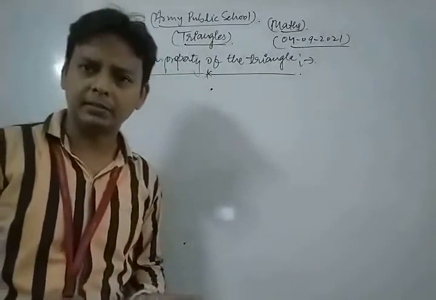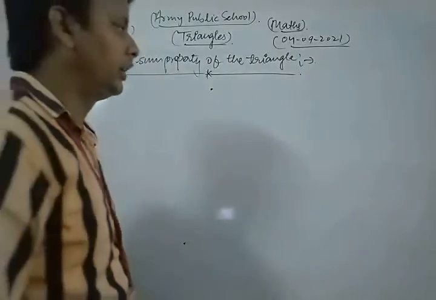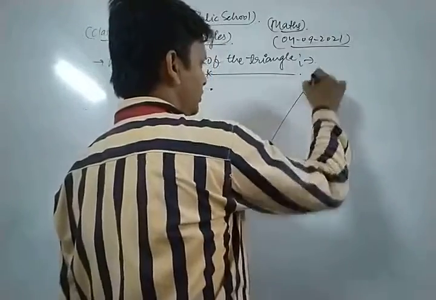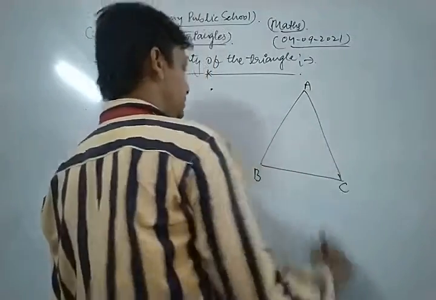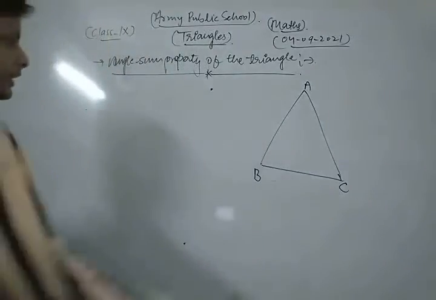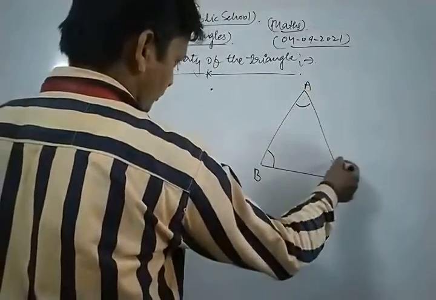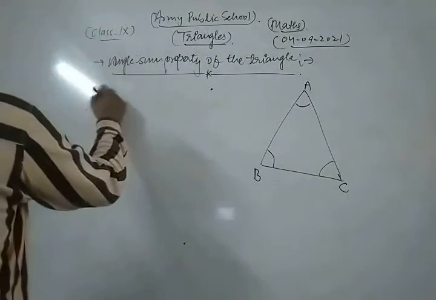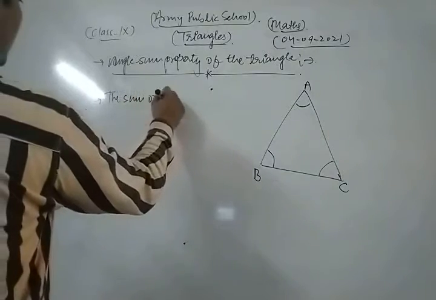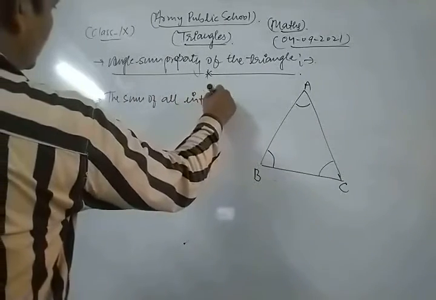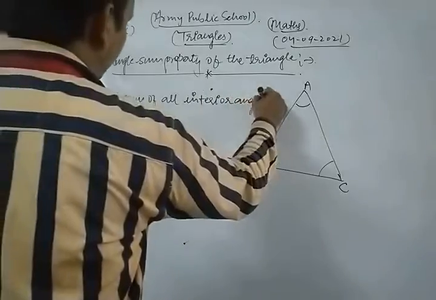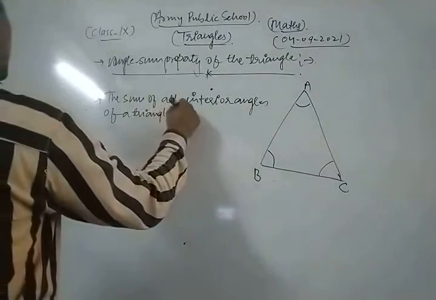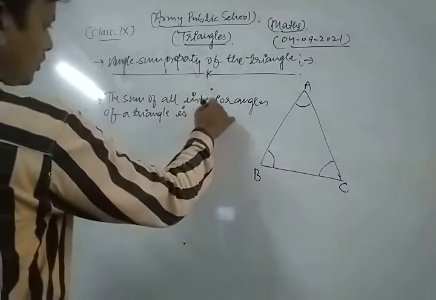Okay, what is the angle sum property? You know that very well, dear student. For any triangle ABC, the sum of all interior angles of our triangle is 180 degrees.